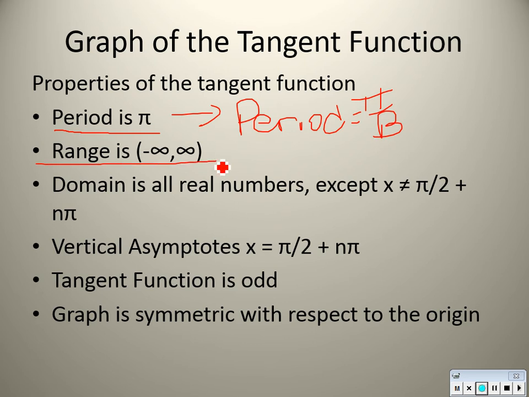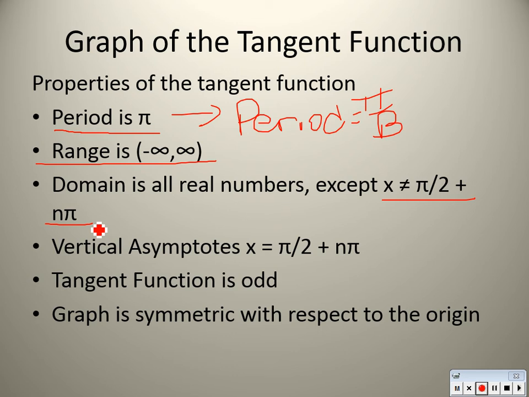The domain for the tangent function is all real numbers except at values of pi over 2 plus n times pi. That would mean anytime you have the tangent function, the domain is all real numbers except for values like pi over 2, 3 pi over 2, 5 pi over 2, 7 pi over 2.